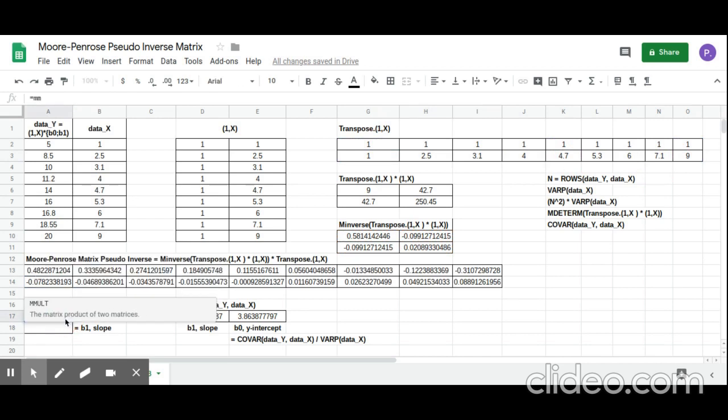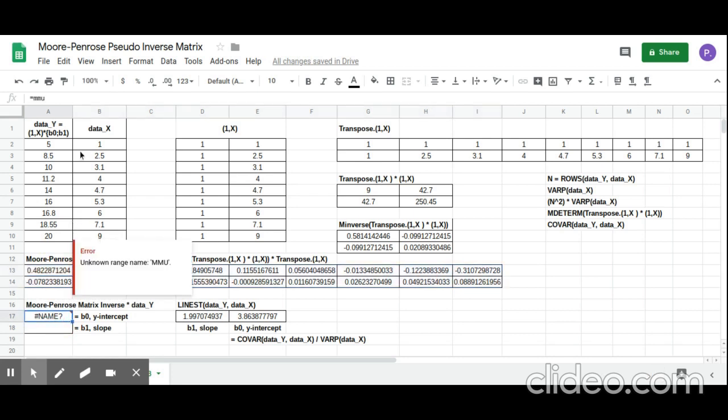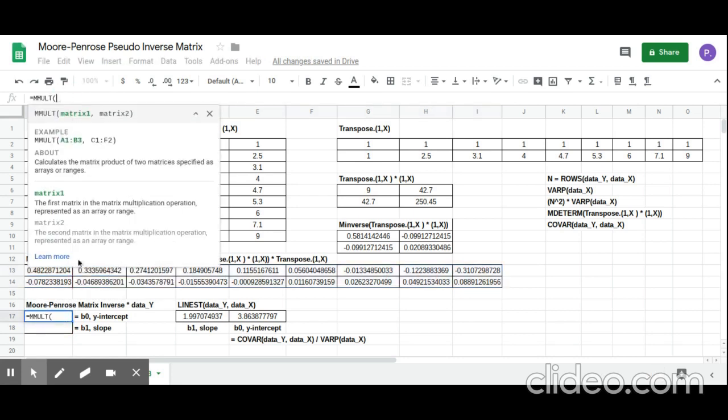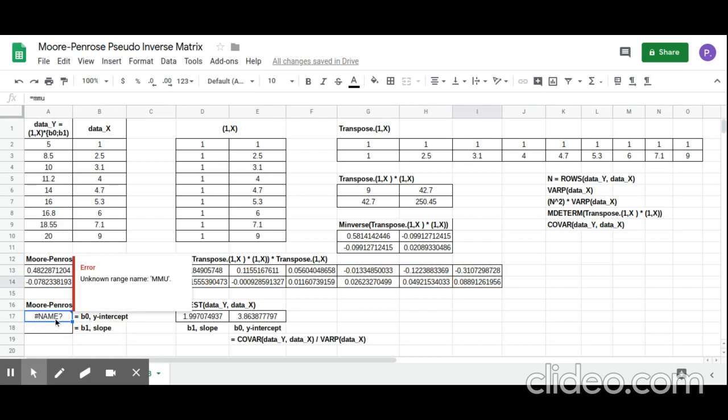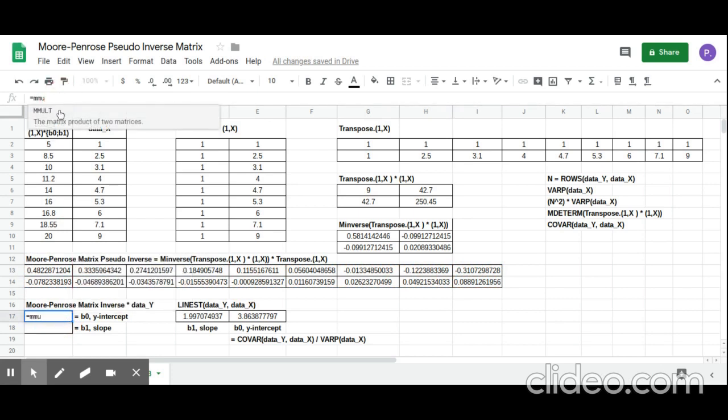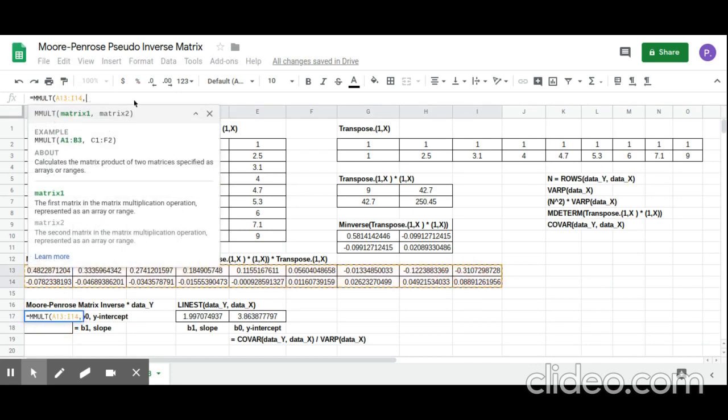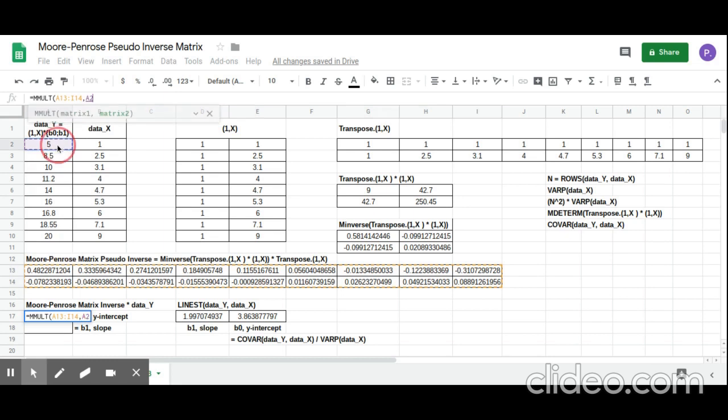So we multiply this directly to the y values. And we have the coefficients, where we have the intercept and the slope.